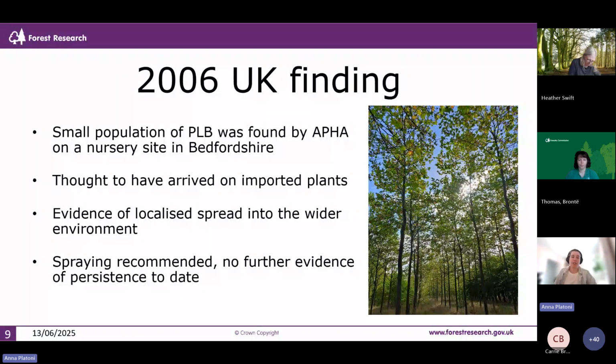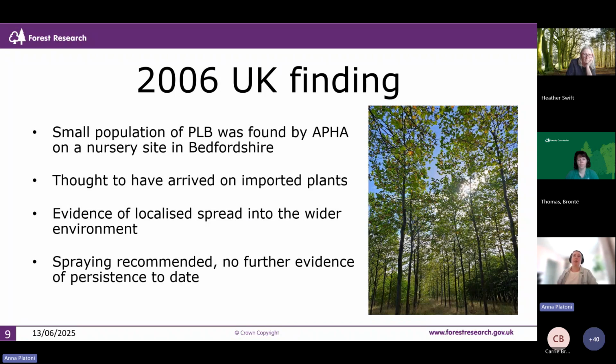So we don't know for sure why the pest didn't persist in this environment. Perhaps the population was just small enough to fail. Perhaps the spraying was effective in eradicating it.